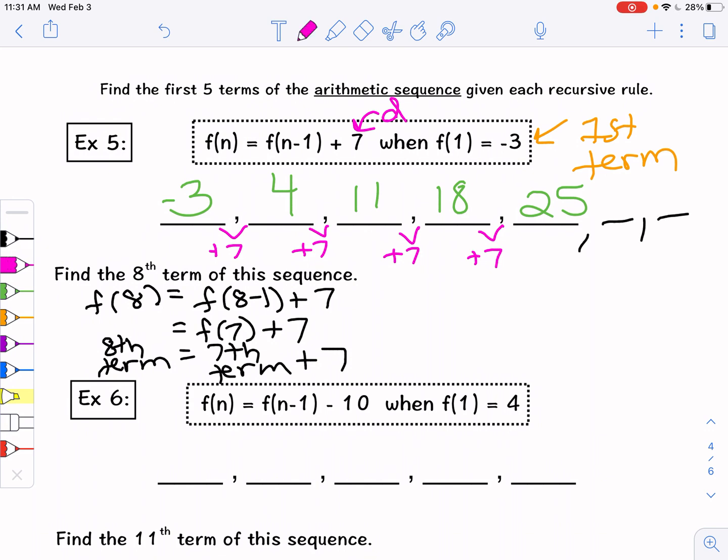If I continue to add 7 over and over again, I get 32 and 39. So that means that f of 7 is 39, but then I want to continue, and I get 46 as the 8th term. So I know for a fact that f of 8 is 46.